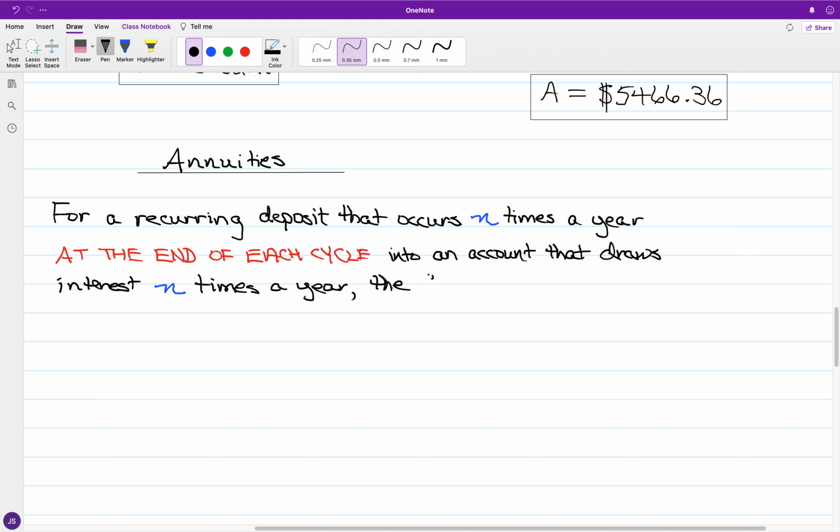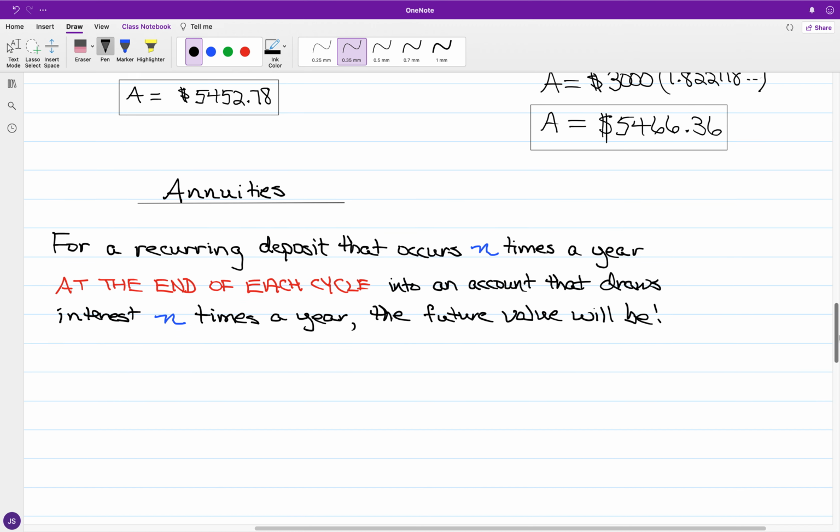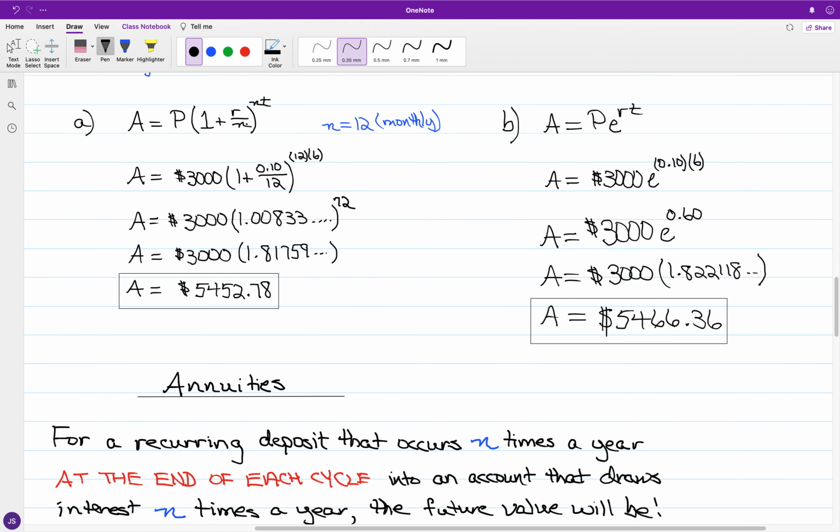Okay, now we're going to have the future value, which will be the following. The annuity formula is going to look like an amalgamated version of the non-continuous future value formula for compounding interest, and in a sense it is, because before this formula was for a one-time deposit.